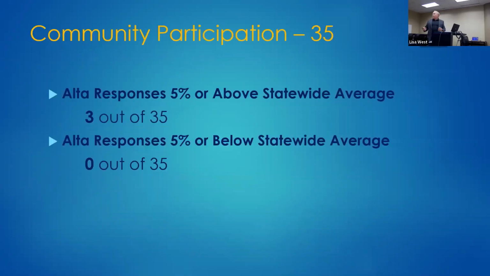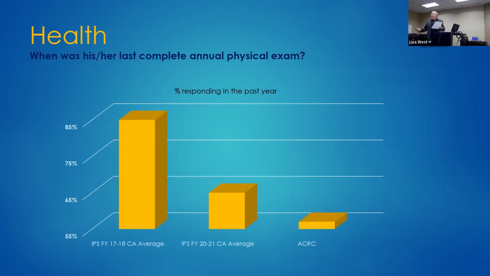Looking at community participation. By the way, looking at Northern California regional centers and centers of similar size on the same category of access or last physical exam. Our neighboring regional centers did fairly well, with 67% of their clients having been able to see a doctor in the last year.